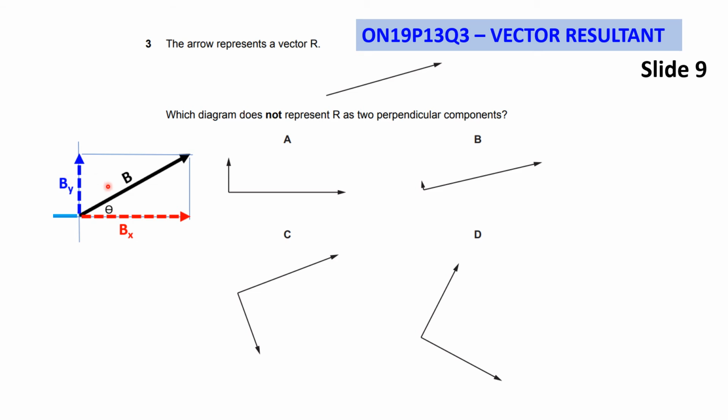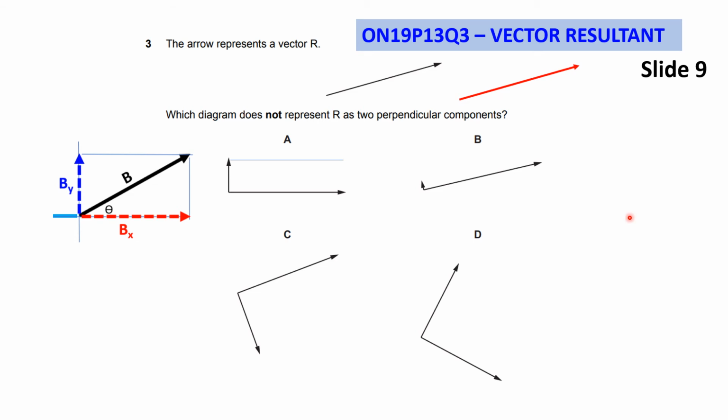I'm going to use the same approach to answer this question. For example, here I'm going to highlight the vector R as this red vector. As you notice, I didn't change direction or magnitude.